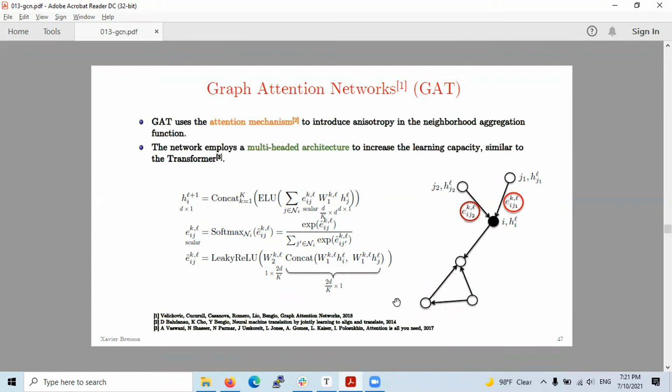Other than GAT, in which they employ a multi-headed architecture, there is some recent research on different types of attention mechanisms that can be employed on graphs.